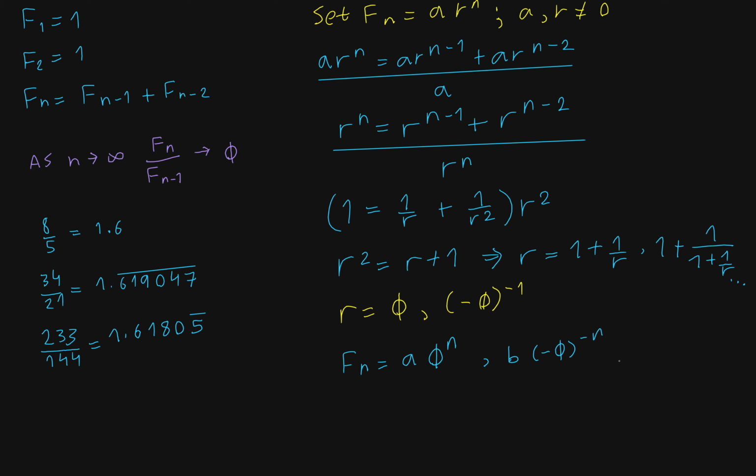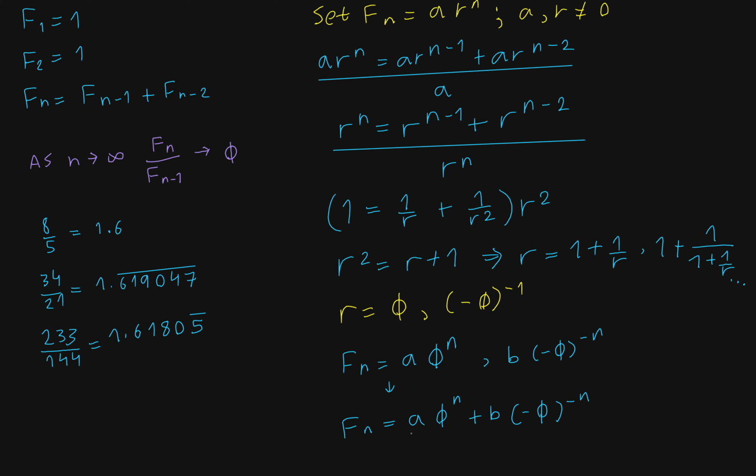And just like second order homogeneous differential equations, what we can do is take the sum of these two solutions that we have to get a generalized solution. So what we're going to have is F of n is equal to a phi to the n plus b of negative phi to the negative n.